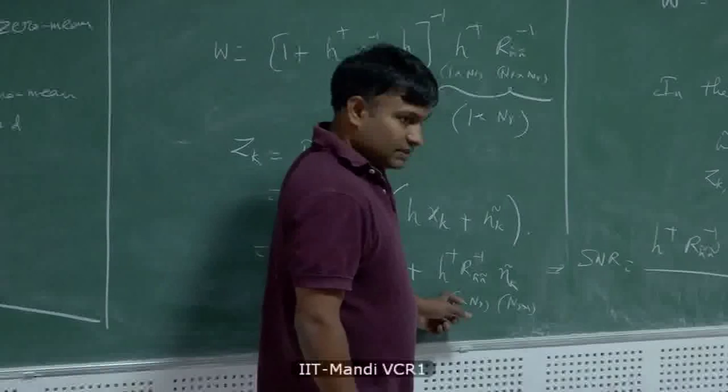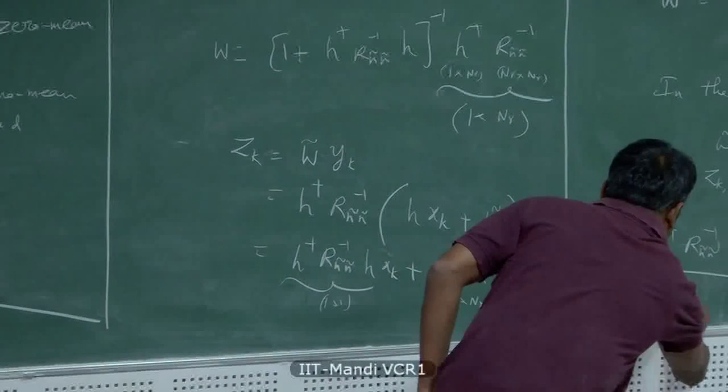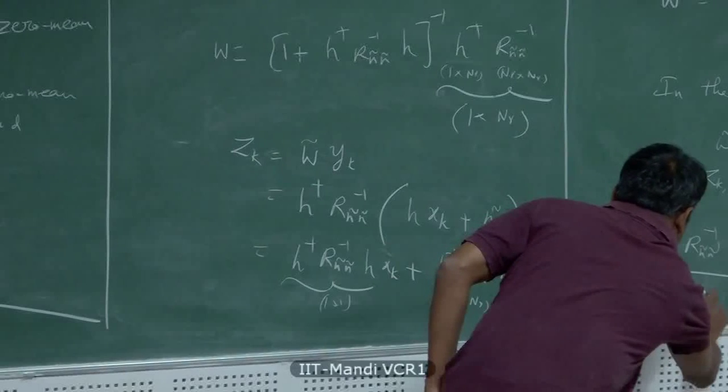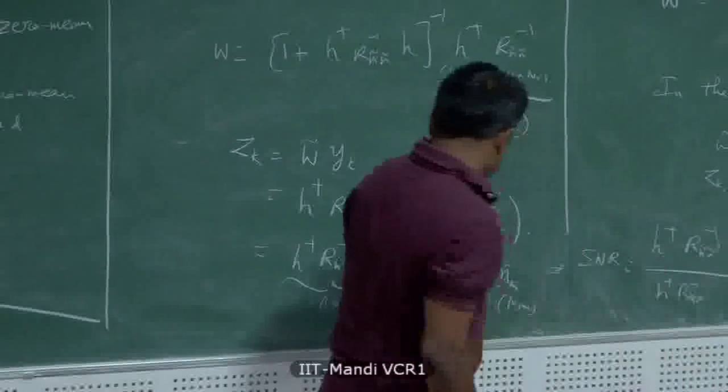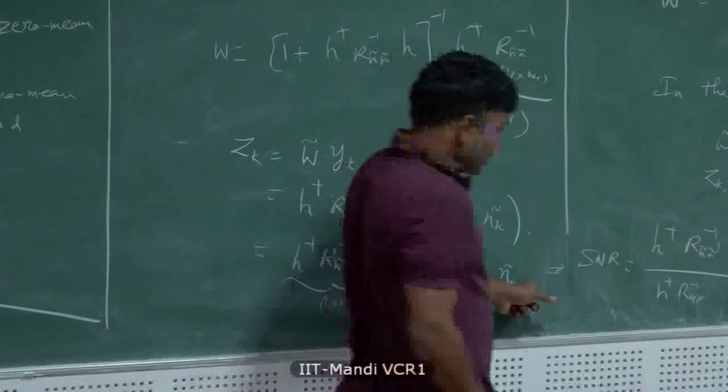The variance of this. H Hermitian Rn tilde inverse and expected value of n tilde k into n tilde k Hermitian, that would be Rnn.